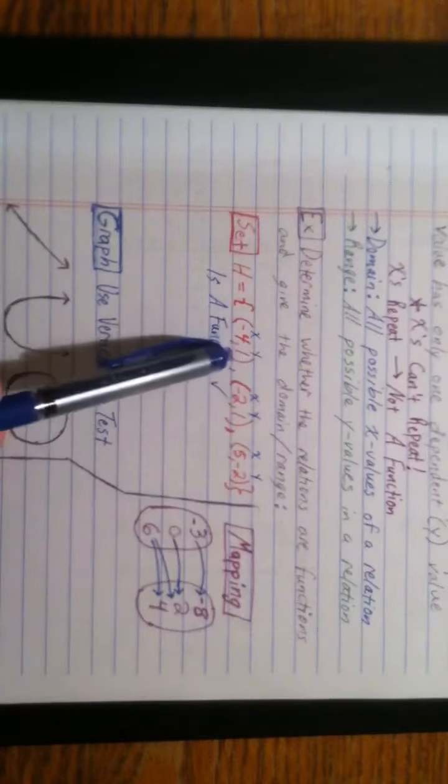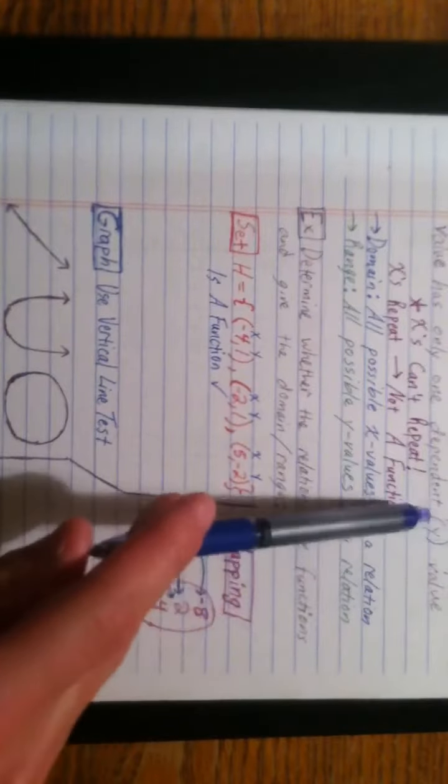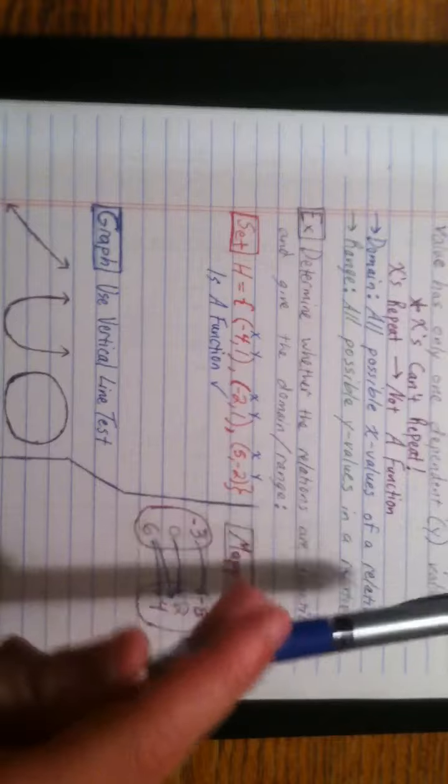You might notice that the y values do repeat themselves, 1 and 1 here in these 2 different ordered pairs, but that's okay. That's not having 2 dependent values for one single independent. That's having 2 different independent values for 2 different dependent.